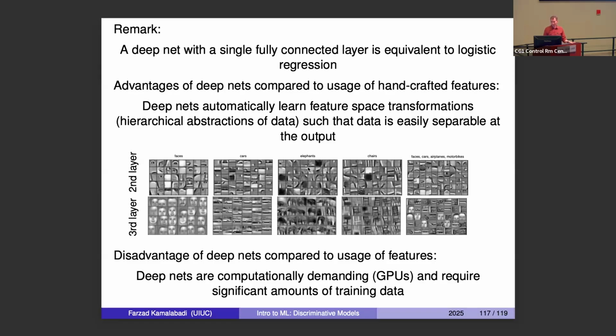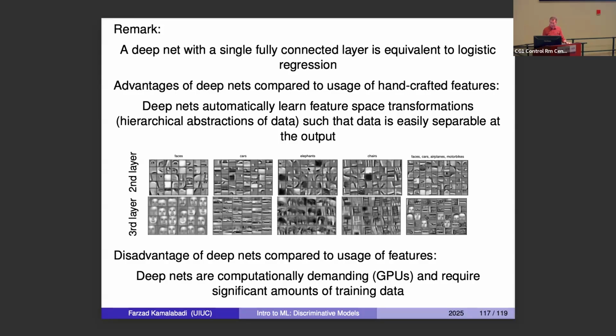The deep nets automatically learn feature space transformations because of this hierarchical abstraction of data, such that data is easily separable at the output. As for the disadvantages of deep nets, we should not be evangelical and just praise things. It's important to tell the whole story.